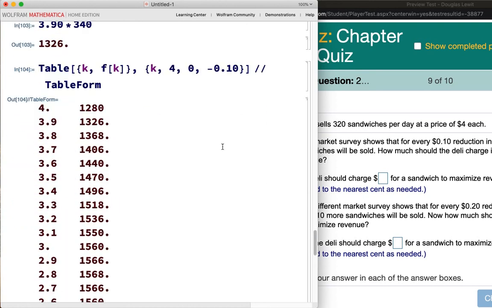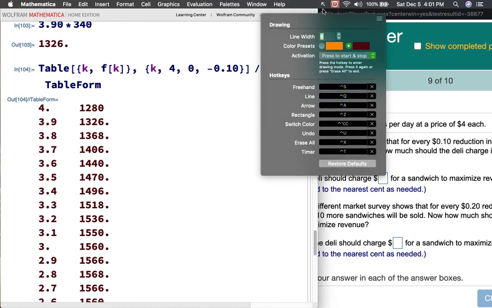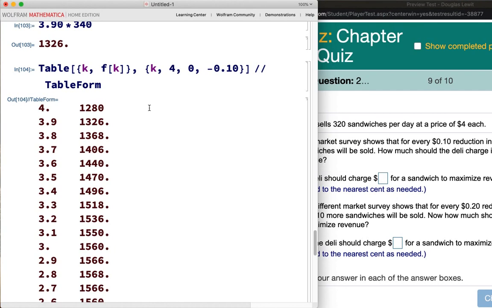Okay, so let's take a look at this. If I charge $4, this is going to be my profit. $3.90, this is my profit. $3.80, this is my profit. $3.70, this is my profit.